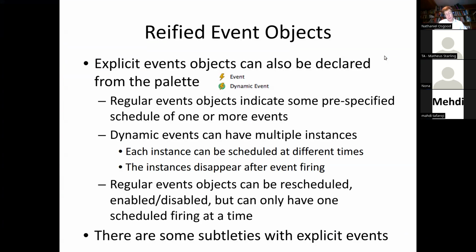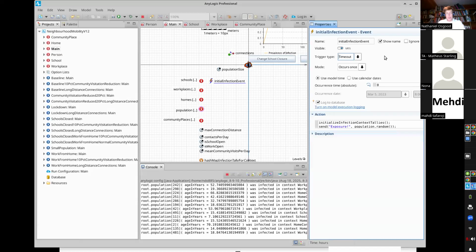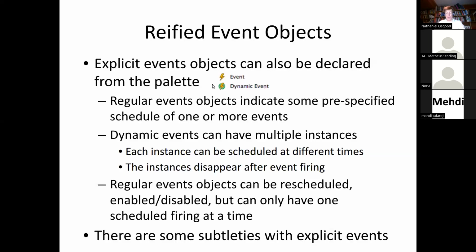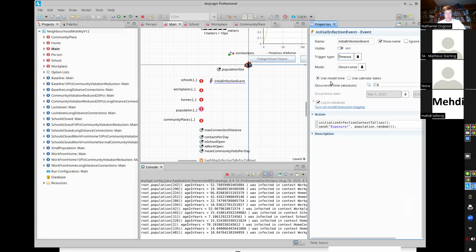So these are ways of triggering some behavior periodically. You'll see them in the coming days quite a bit. This is called an event object, but it can really represent a schedule, a series of events over time. In this case, it's a single event.